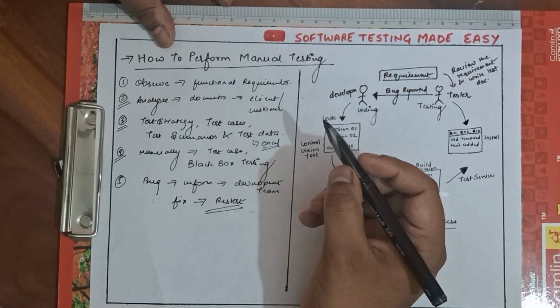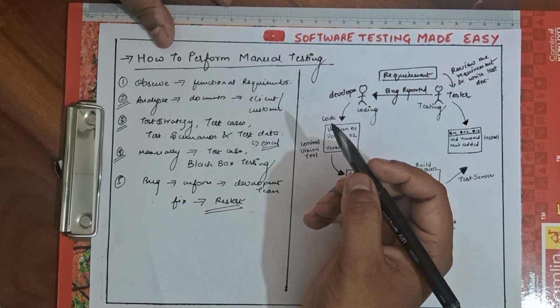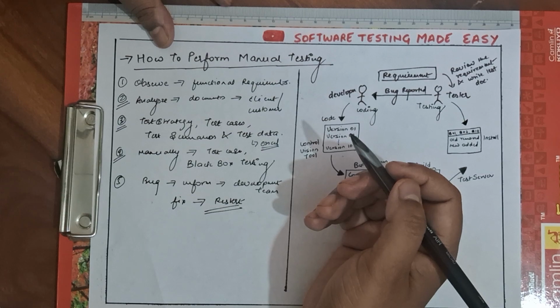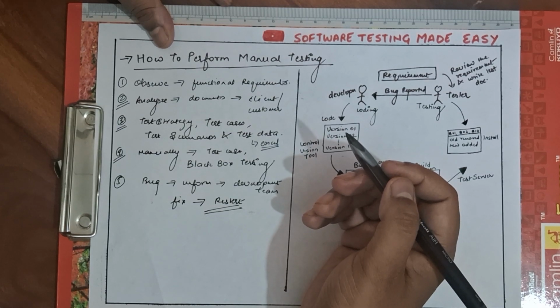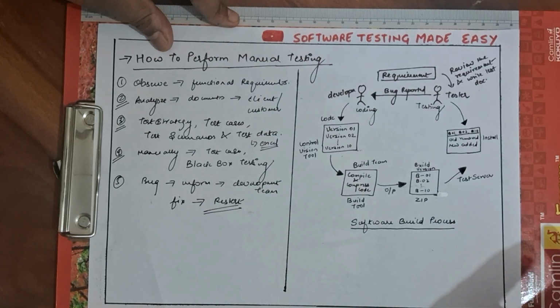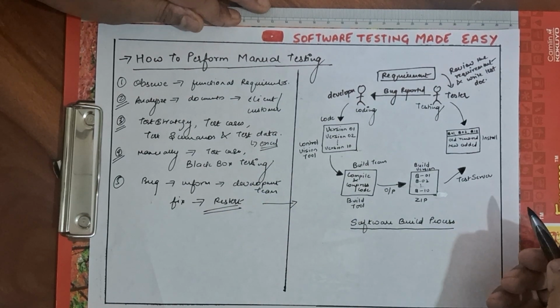Then these test cases are executed manually using black box testing, and if they find any bug, they inform the development team, and the development team fixes the bugs and hands the software to the testing team for retesting.